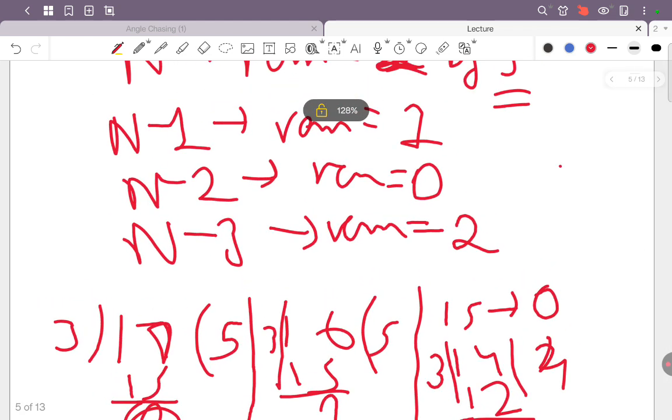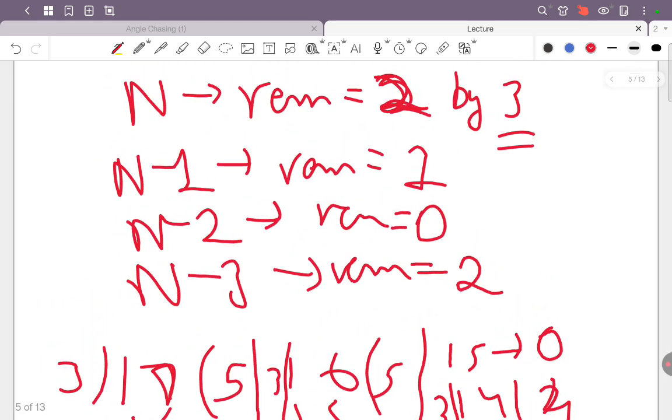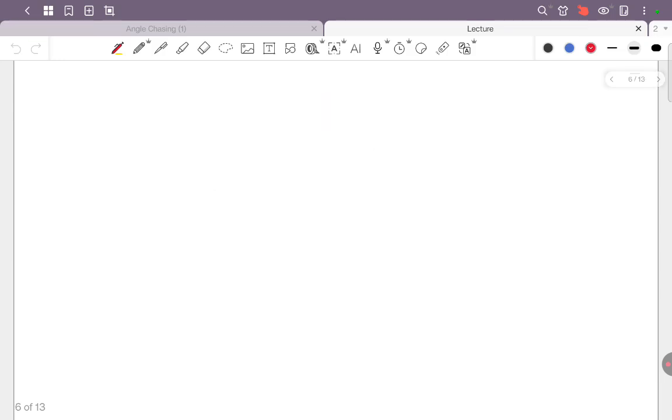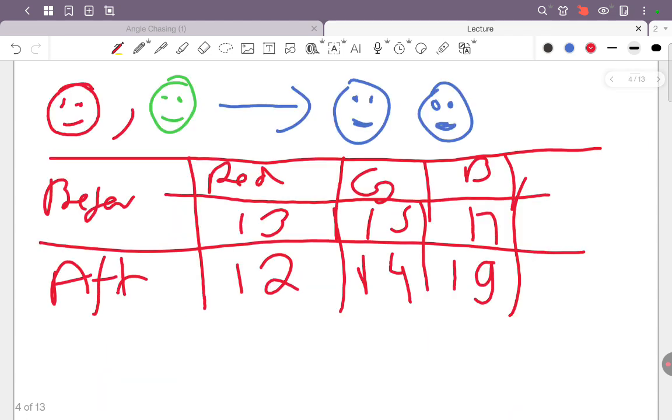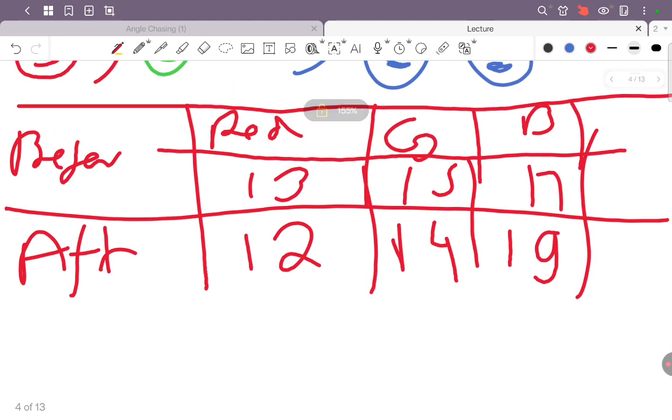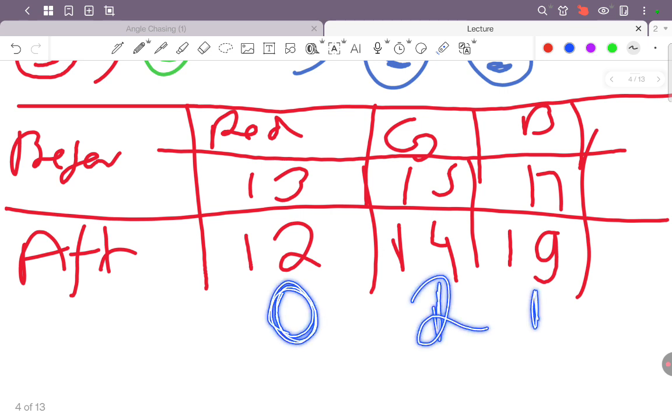So after subtracting 1, your remainder is simply shifting: 1 0 2, 1 0 2, like that. So what we saw in our table, its remainder was 1, its remainder was 0, it was 2, and it was 1.